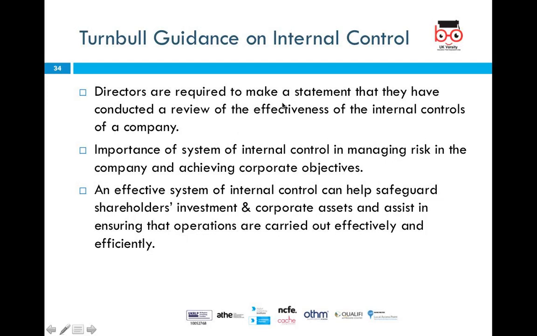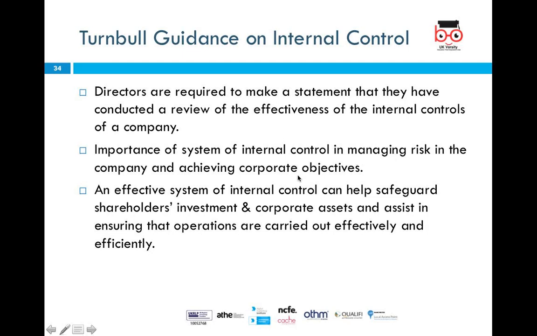The directors are required to make a statement that they have conducted a review of the effectiveness of the internal controls of the company. So they have a periodical meeting, and then they have the periodical assessment of the internal control and which kind of procedures a management accountant is following. And one of the importances of the system of internal control is managing risk.